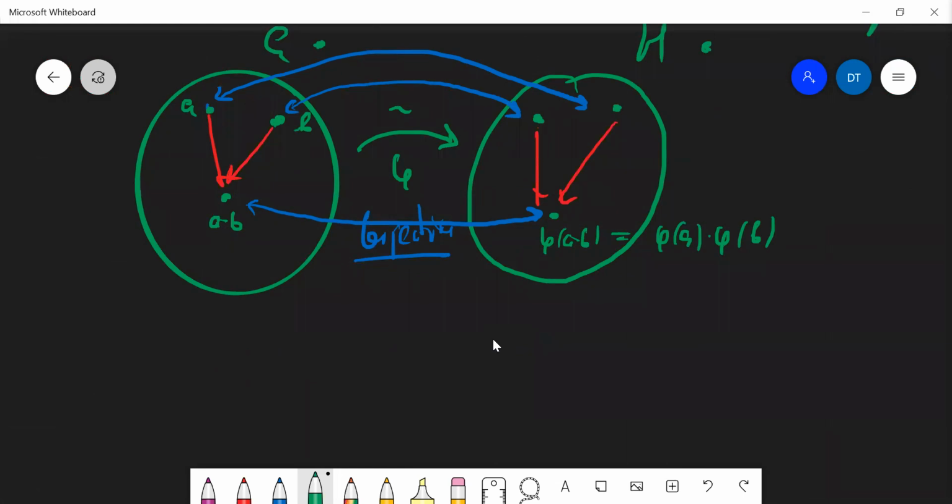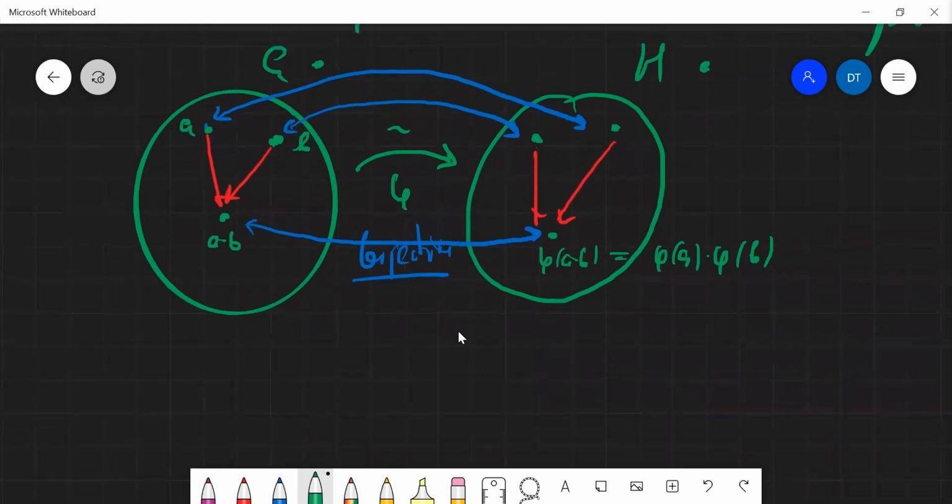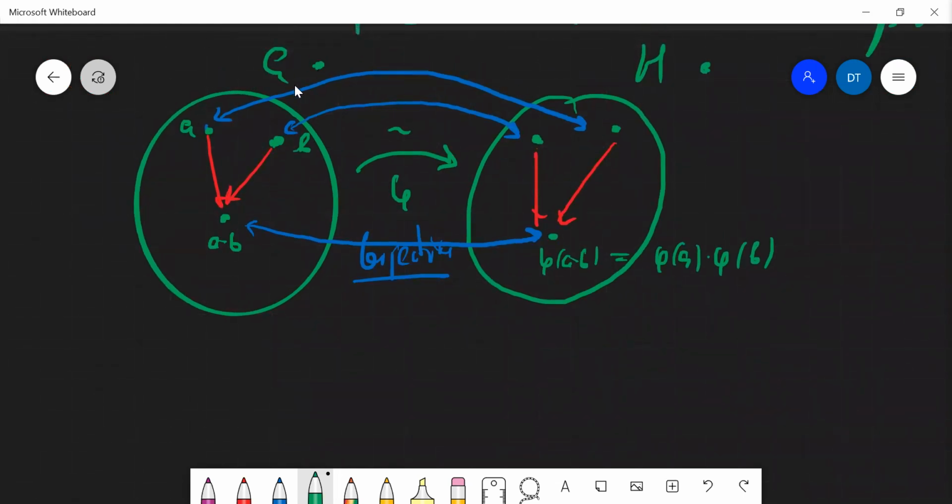The reason why we need isomorphism is that if we want to understand the structure of a group, you can change this group to another group which is isomorphic to the initial group G. If you have an isomorphism between G and H, the group H has exactly the same structure as the group G, because the isomorphism between them means that they are exactly the same.